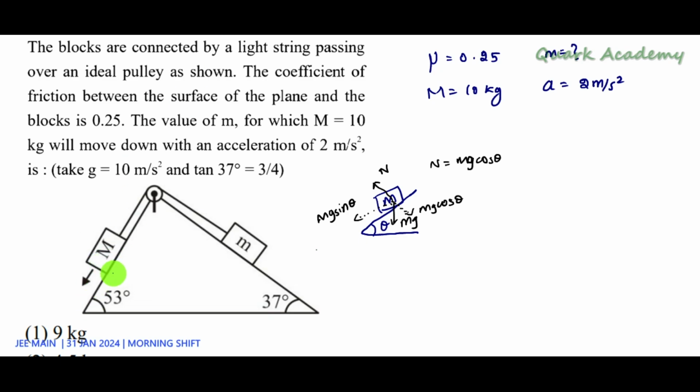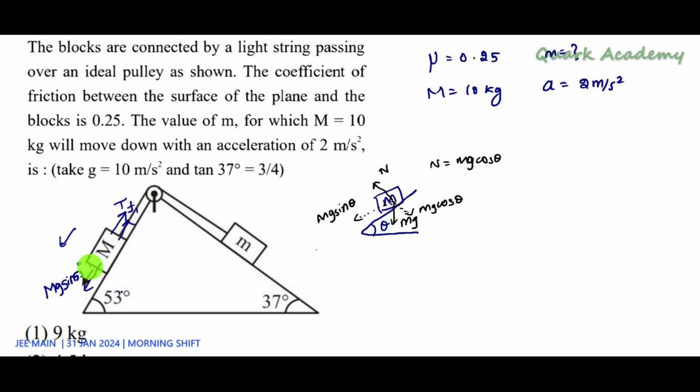For this capital M, capital Mg will act downward. Not capital Mg, it's Mg sine 53 that will act in this way. Since it is connected with the rope, the tension will act. Since the mass is moving downward, the frictional force will act in the opposite direction, that is upward. Let it be F1.